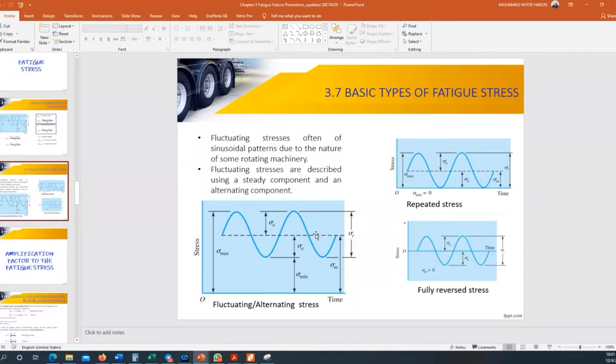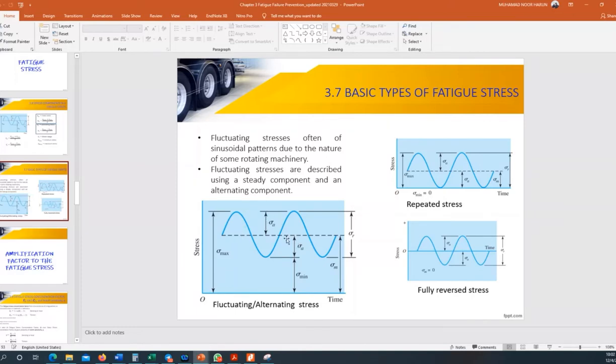Sigma min ni macam kita convert jadikan steady loads. Okay, dia dua. Satu, it has two types. One is alternating, fluctuate. Okay, dia akan fluctuate lah. So apakah value of that fluctuating? So that is alternating stress. So this alternating for upward and this alternating for downwards.